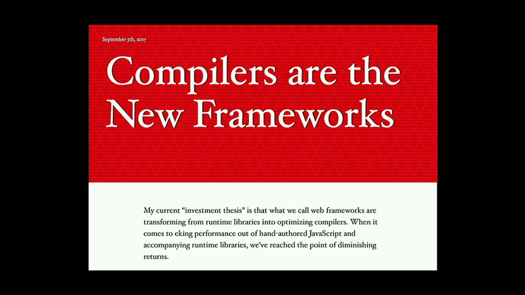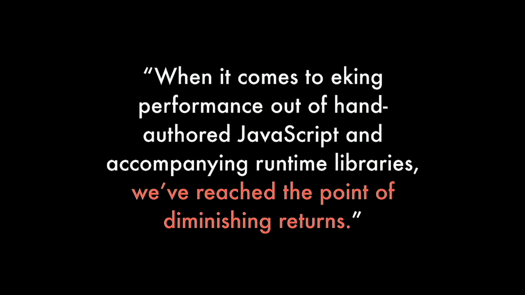Tom Dale from the Ember world wrote a really nice blog post last fall about compilers of the new frameworks, because Ember is also going down this same path of doing more and more compiler-like things to generate Ember apps. He wrote, when it comes to eking performance out of hand-authored JavaScript and accompanying runtime libraries, we've reached the point of diminishing returns.